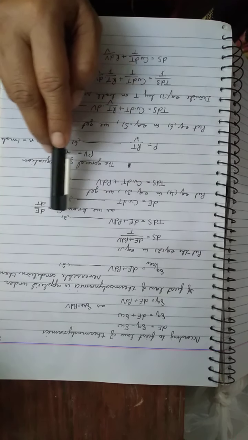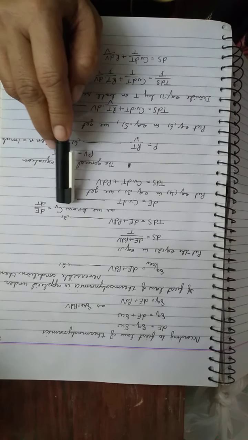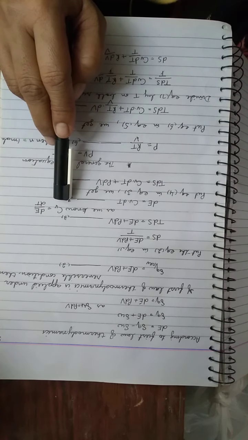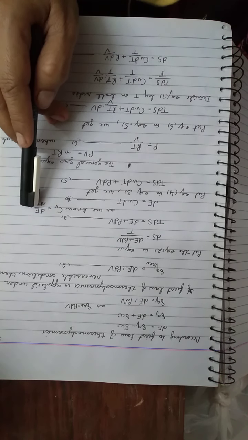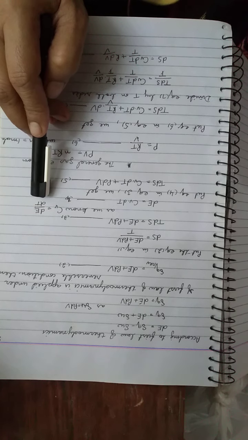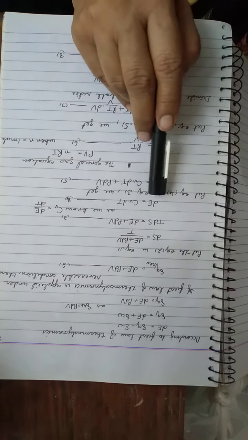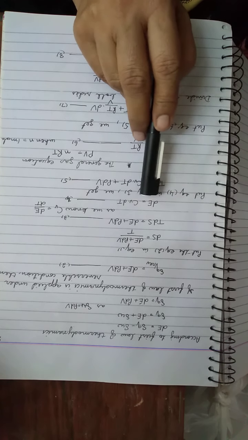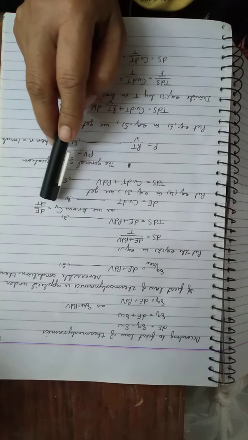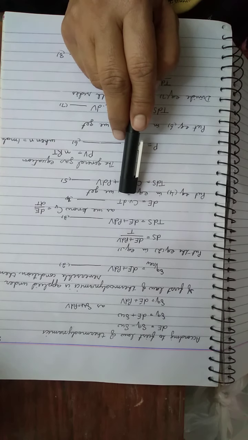As we know, Cv is equal to dE by dT. Cv is the heat capacity at constant volume, and it indicates the change in internal energy with respect to temperature. Bring this equation in this form: dE is equal to Cv dT.